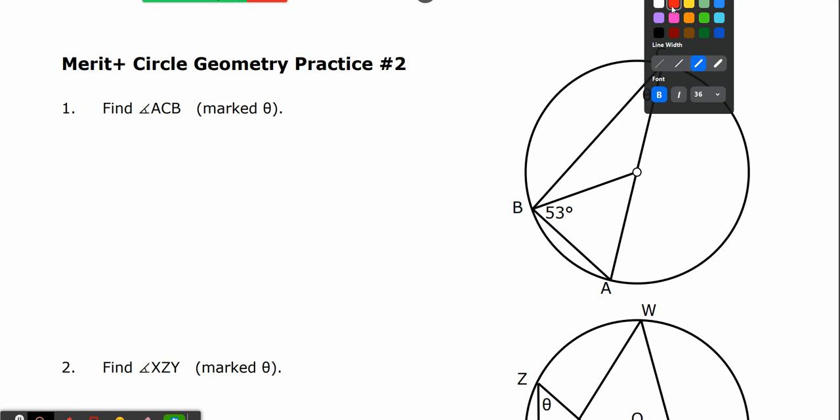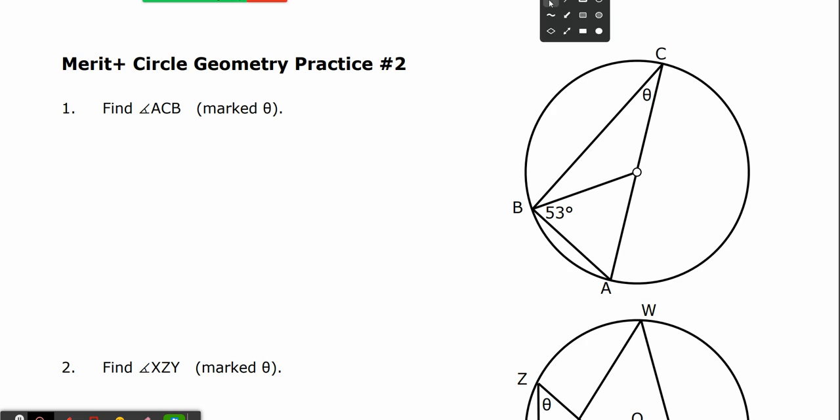So the first thing we're going to do for this one here is we can see that the angle at the center is equal to 2 times the angle at the circumference. So if I call this O1 and 2, then angle O1 is equal to 2 theta.